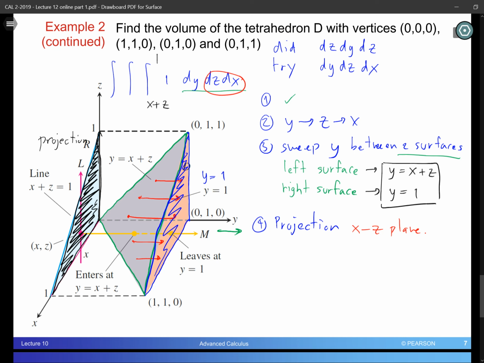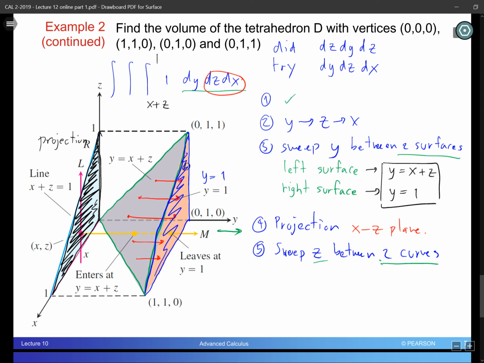Okay, so in this projection we are supposed to do some sweeping. So let's do that. We sweep the next variable, z, between two curves in the projection. Looking at the projection, we sweep the z variable.